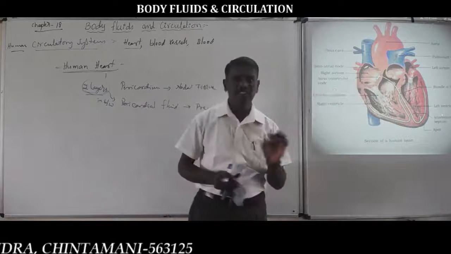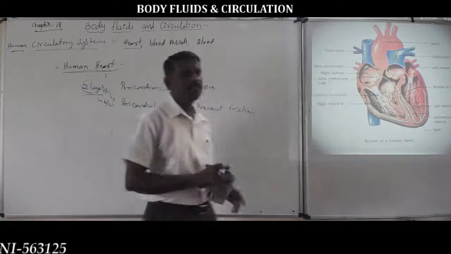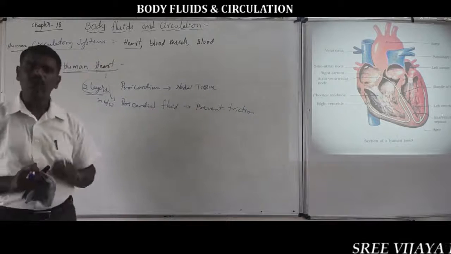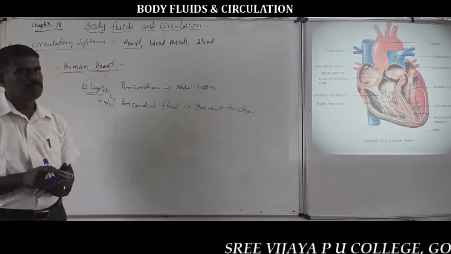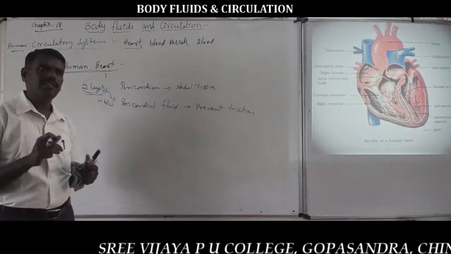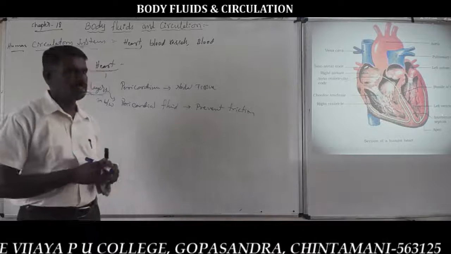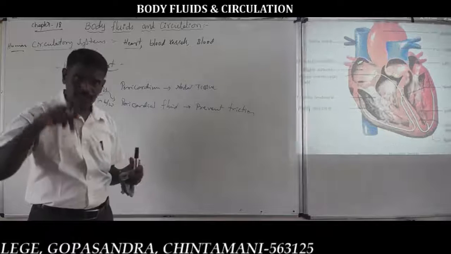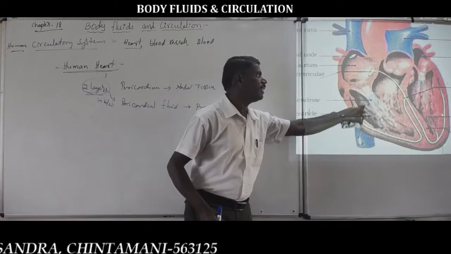The atrium wall is a little bit thinner than the ventricle. Ventricles are made up of thick walls, and atria are made up of thinner walls. Why? Because the ventricles pump the blood towards the entire body, even towards the lungs. But the atria, during systole, while contracting, pump the blood just from atrium to ventricle.